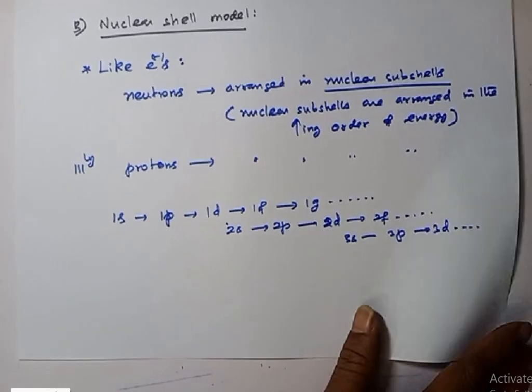Let me write on the next page. Listen carefully. First, I will write without LS coupling, okay? That is orbital motion and spin motion. Listen, as the nucleus spins, every nucleon moves around the nuclear axis, right?